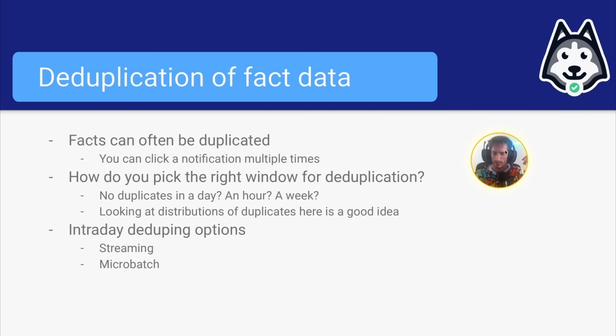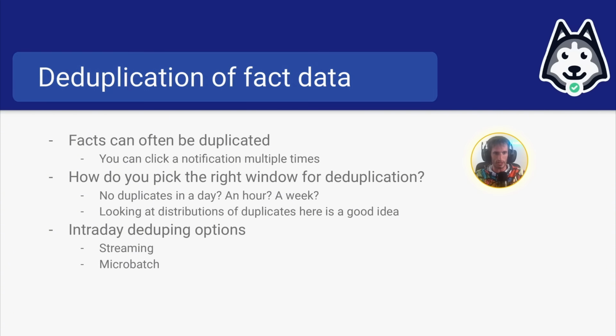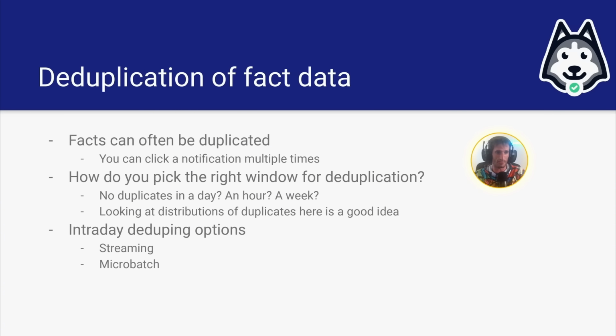I talked about how deduplicating fact data is challenging because you can have actual duplicates of data, but another thing is you have to think about the time frame. Imagine Facebook sends you a notification, you click on it today, but then you also click on it in a year because the notification is still in your tray.